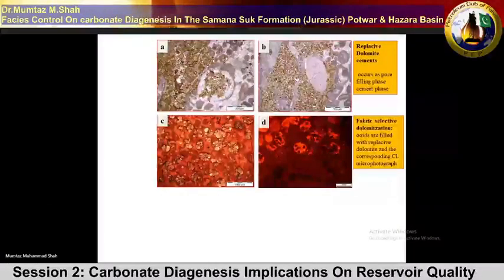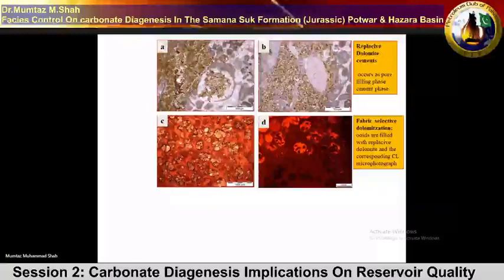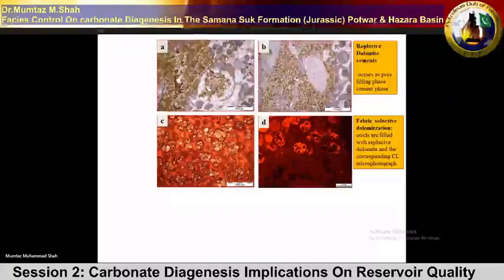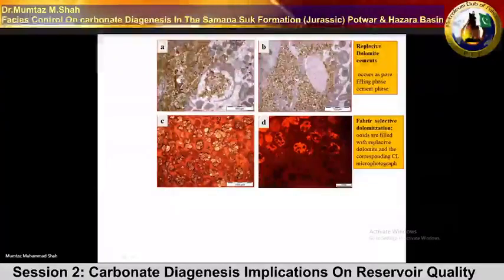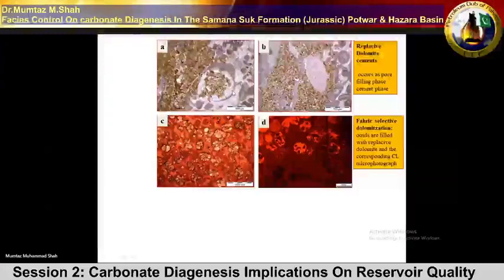Some nice examples of partial replacement of the host limestone can be seen over here, where the replacive dolomite cement can be seen, and this typically represents that this particular phase of dolomitization occurred after the initial stage of micritization, where we have the calcite cementation present as well.